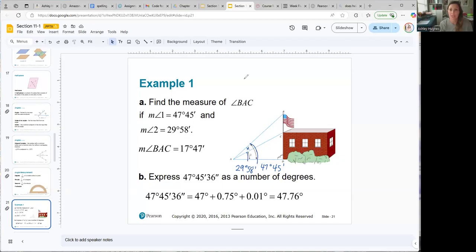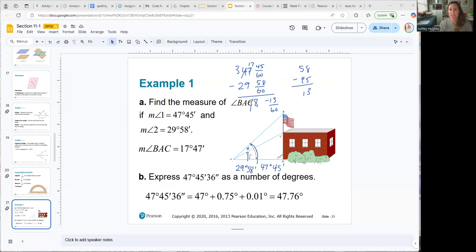So this is like 47 and 45/60ths minus 29 and 58/60ths. Subtracting, I get 18, but then 45 minus 58 gives a negative 13/60.